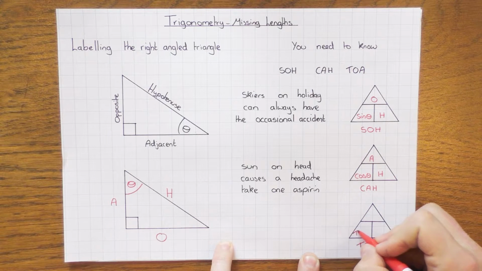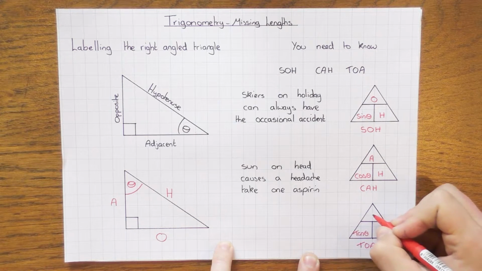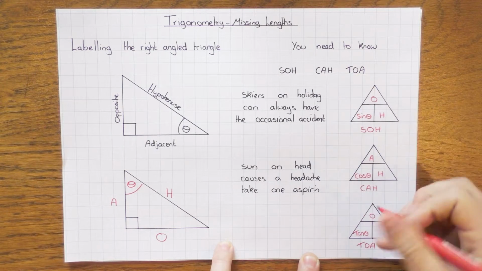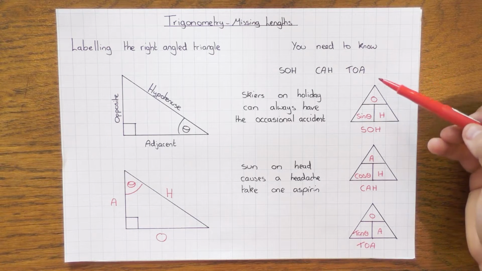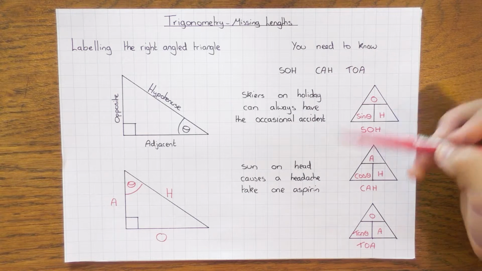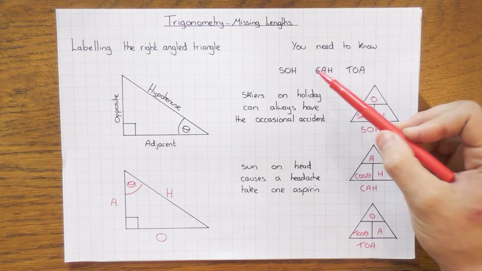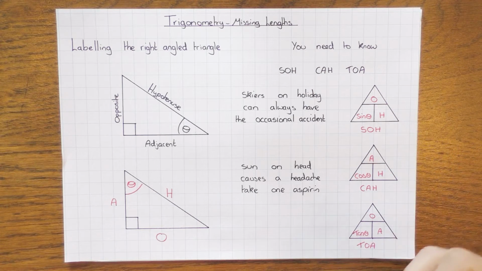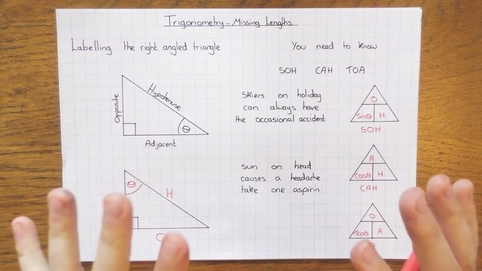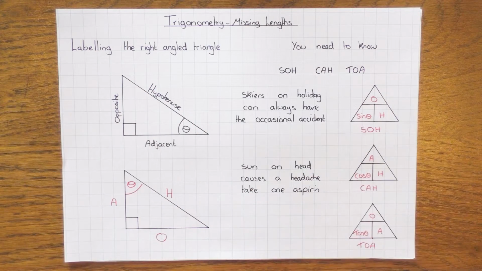The last one we have is tan theta, and it was the opposite and then the adjacent. You need to be able to replicate this, you need to be able to remember this. That's why people remember SOHCAHTOA, because then they can quickly just draw these triangles, and we're now going to use them. But you must remember those things, how to label and SOHCAHTOA.